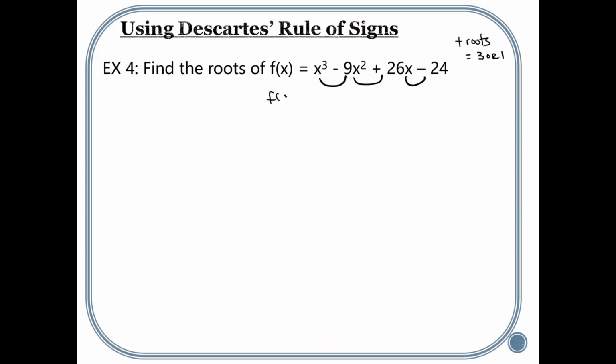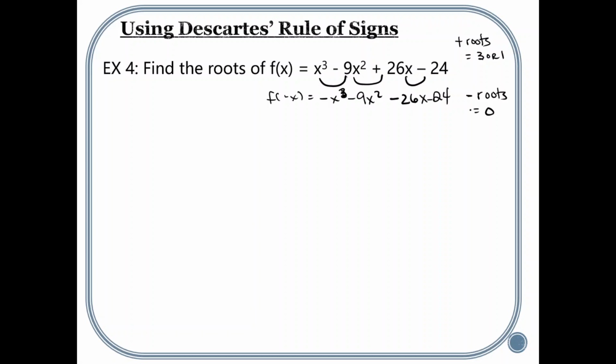F of negative x will be negative x cubed minus 9x squared minus 26x minus 24. So all the odd exponents will change signs. The even exponents will keep the sign. So if I look at this, everything's negative. So for the negative roots, there are none.